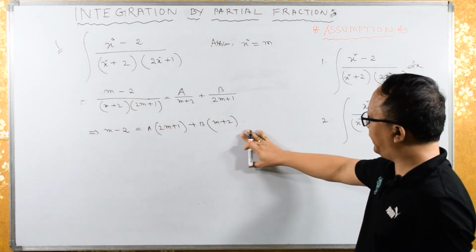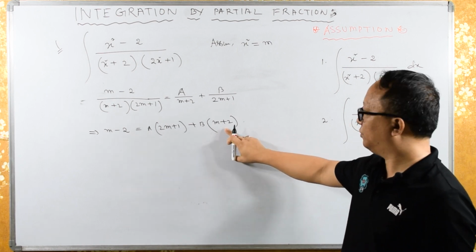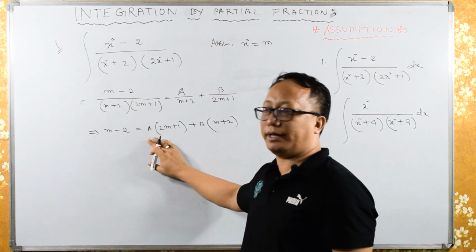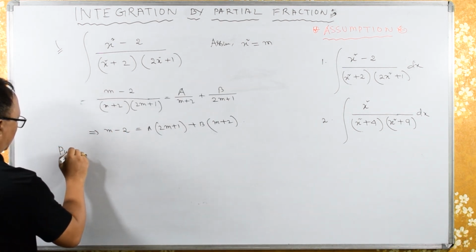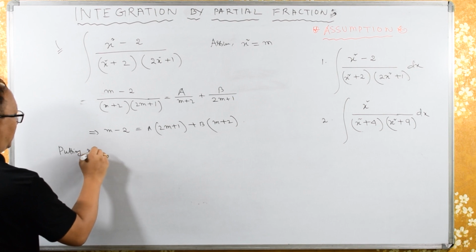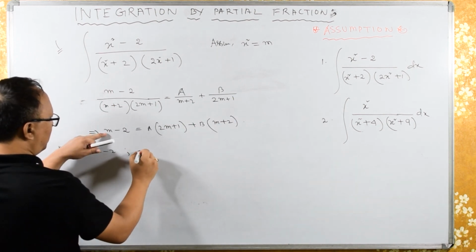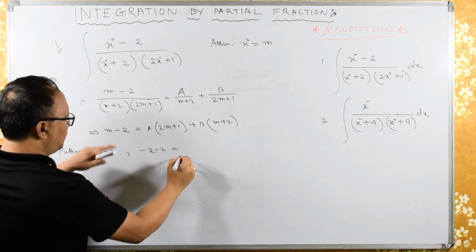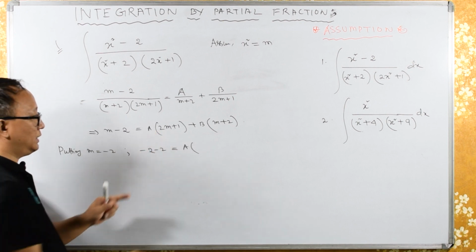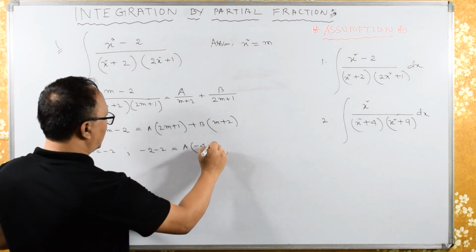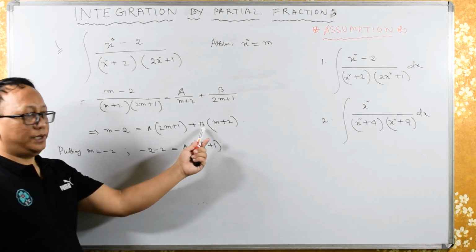Now if I substitute m = −2, I will get the value of A. Putting m = −2 in this equation: −2 − 2 = A(2(−2) + 1) + B(−2 + 2), and the B term becomes 0.